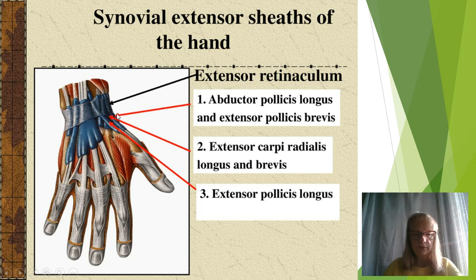Let's start from the lateral to the middle aspect. First, we have the sheath for the abductor pollicis longus and extensor pollicis brevis, two muscles. Next, extensor carpi radialis longus and brevis together here. Next, we have extensor pollicis longus.